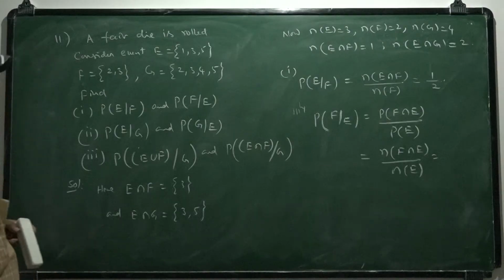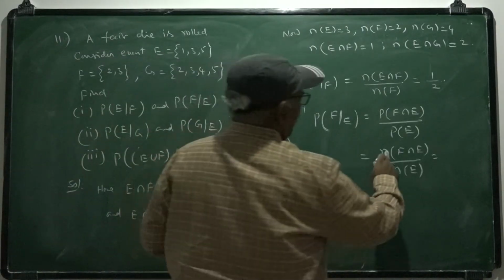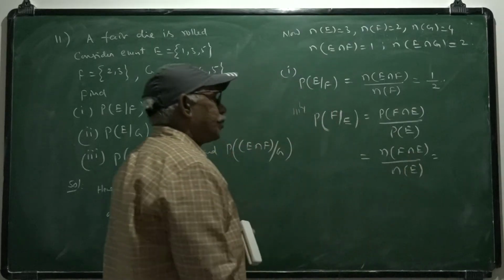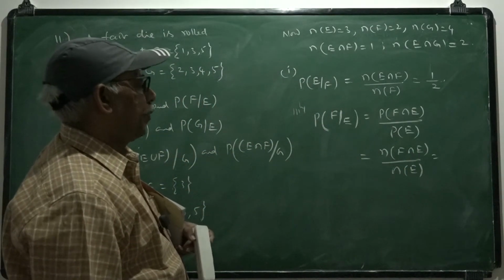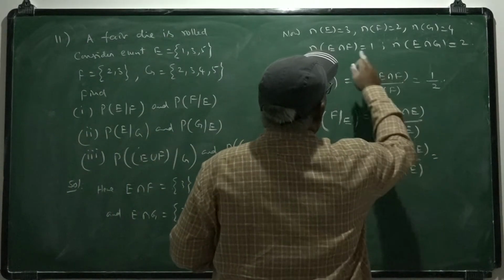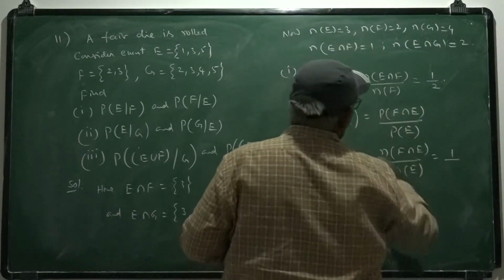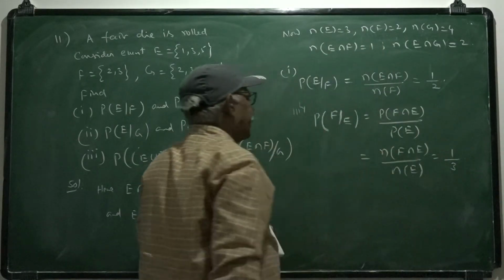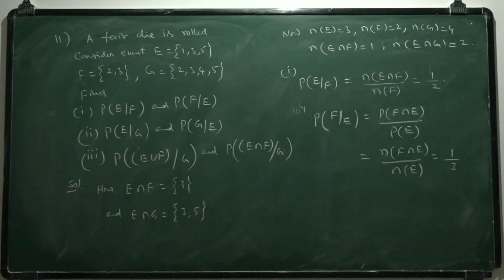By the definition of conditional probability, the conditional probability of F given E is favorable outcomes to both E and F by favorable outcomes to E. That is n of E intersection F is 1 here, n of E is 3. So the required conditional probability of F given E is 1 by 3.